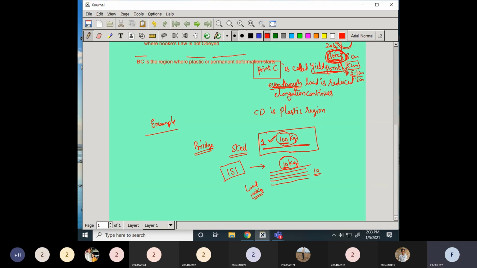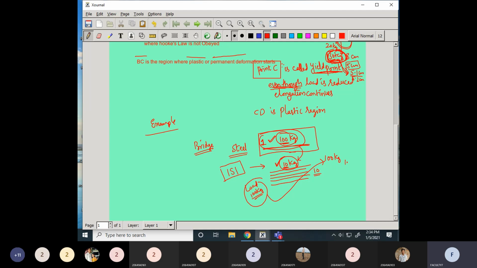What is the reason here? For each rod, even though it can withstand up to 100 kg, you should not use a single rod. Only 10% of that maximum value should be considered. So for one rod, we consider only 10 kgs as a limit. But you need to get 100 kg for this explanation, they are considering 100 kg as a load.